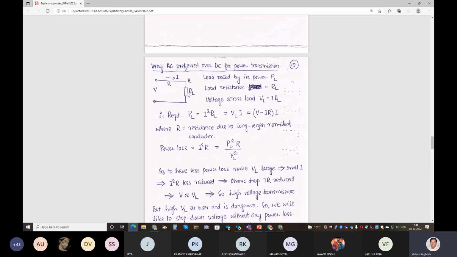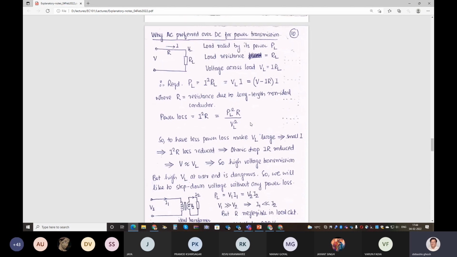Accordingly there will be some power, PL, which is rated. If it is a heater, it will be rated 1000 watt; if it is a bulb, 40 watt, 60 watt, 100 watt, like that. So the power is rated.